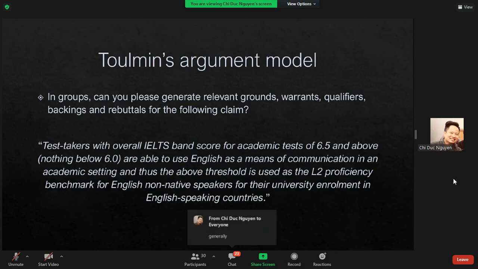Yes. Very good. I love the word generally over here. And when you add the word generally or something like often, can be, to a great extent, or in most of cases. So when you try to add this kind of hedging devices into your claim, actually you have already used a quantifier.